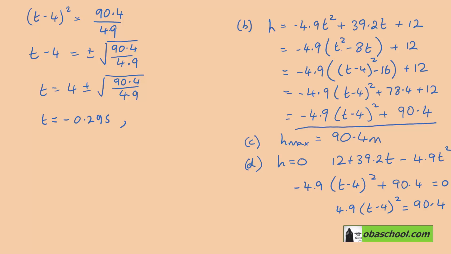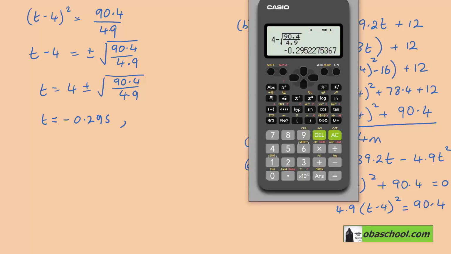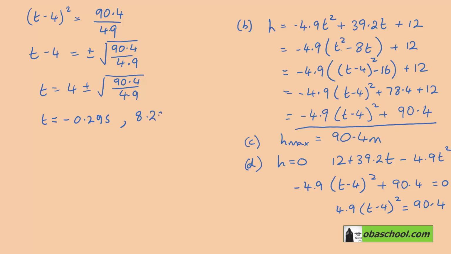Which is not possible because we start at t equals 0. And all we need to do now is just go through and change that to be the positive. And that's 8.295. And so that one, of course, is not possible. And so we would say t is 8.295 seconds.